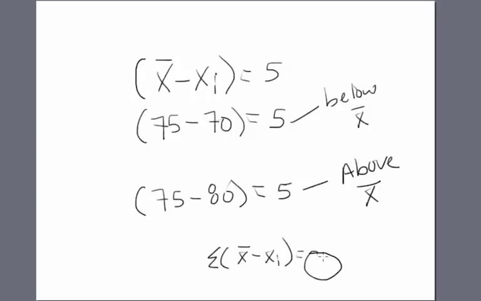What that would tell you is that there's no dispersion, that every score is exactly like the mean, and that may not necessarily be true. So taking the sum of the quantity x bar minus x sub i would not tell you how dispersed or variable your scores are, because you would always end up with a value of 0.